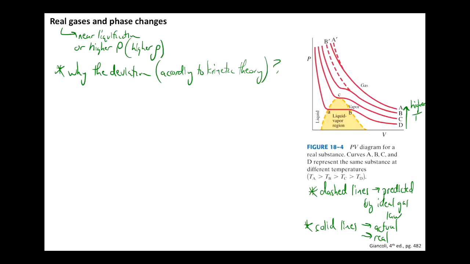Well, it turns out, you can imagine that if I lower the temperature, all of a sudden, things aren't moving around as much. They're going to spend a little bit more time near each other, first of all. And second of all, if I increase the pressure, I'm pushing them closer and closer together. What happens then is we start to get interactions in other ways that we didn't account for in our first derivation. In other words, now we start to have other attractive forces between molecules coming into play.